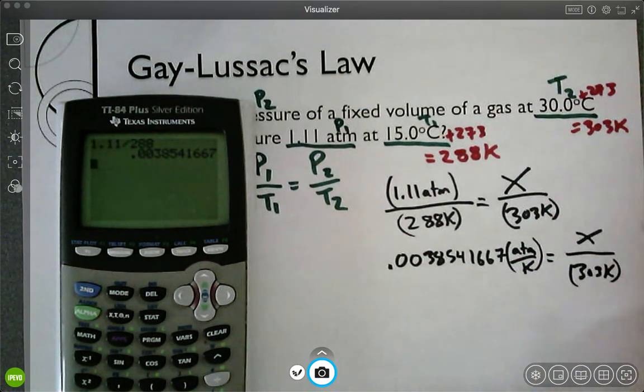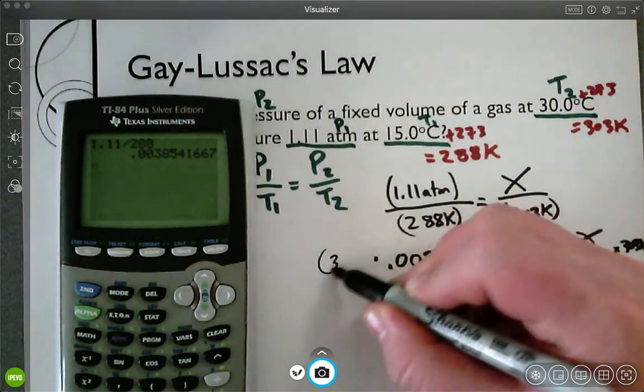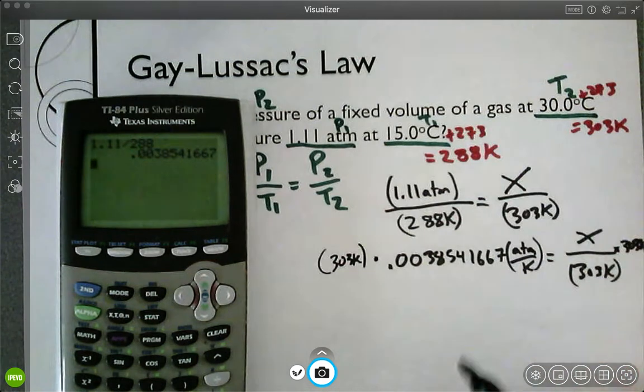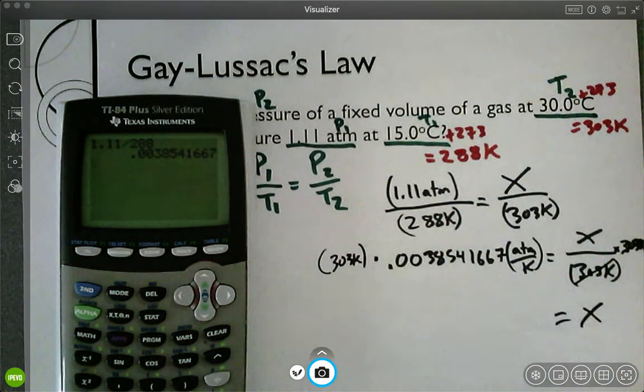Now I want to get X by itself. To do that, because this is on the bottom, I need to multiply by 303 Kelvin on both sides. Multiply by 303. That will cancel it over here, leaving nothing but what I'm looking for.